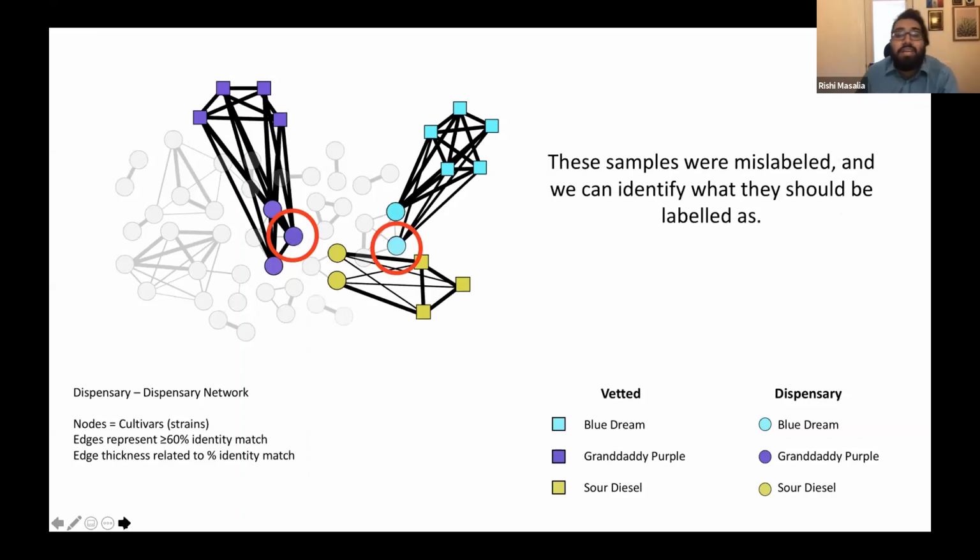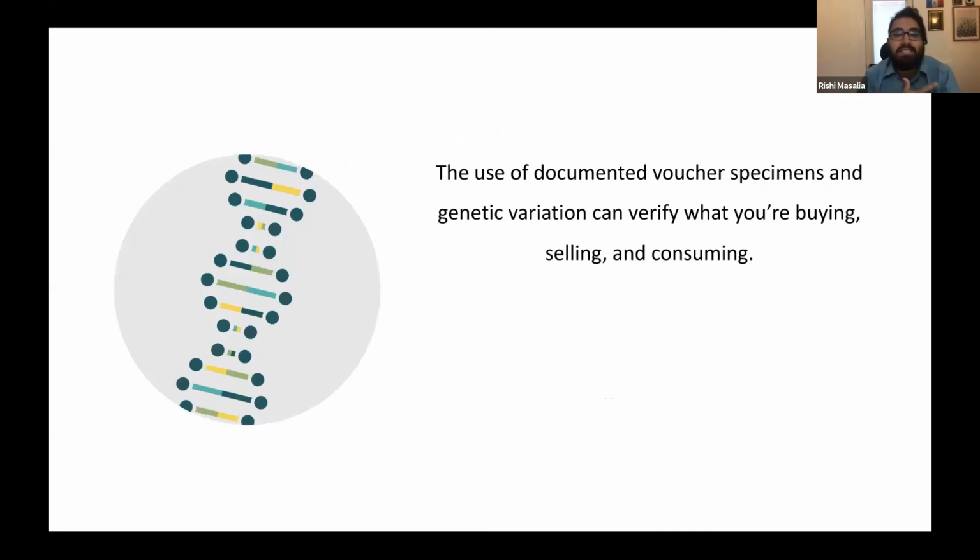So this is a clear example of mislabeling. And not only do we know that it's mislabeled, we know what it actually should be. This is a snapshot of how the industry can move forward to address the naming problem. By using documented voucher specimens and genetic variation, you can verify what you're buying, selling, and consuming.